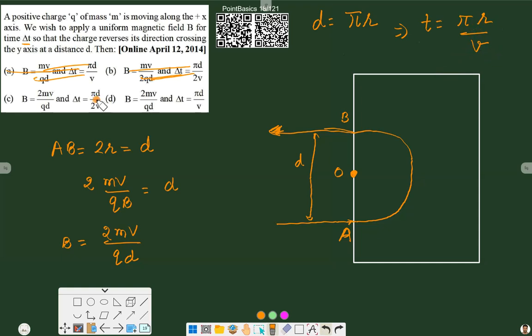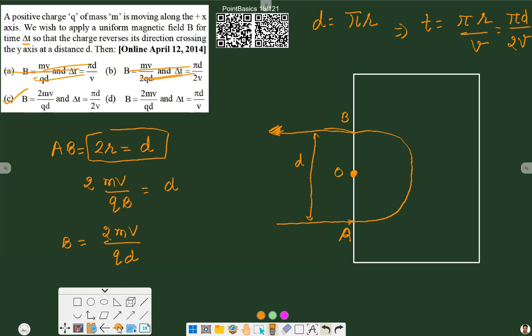As the answer is in terms of d, we will use the relation that r is equal to d by 2. So it will be pi d by 2v. Option C will be the right answer.